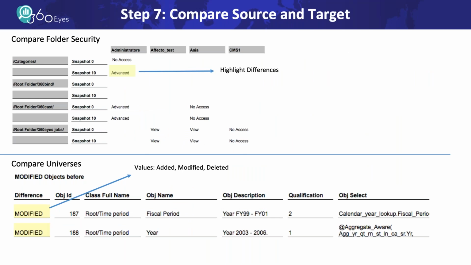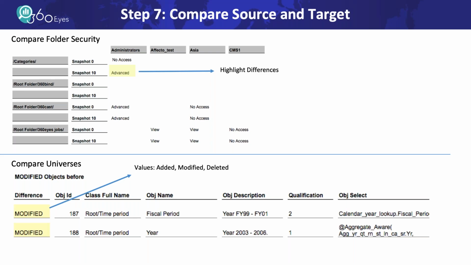Right. So comparing source and target, always a very big piece of making sure that everything's moved and that we're ready to go from a turning the switch on in prod. So 360Eyes again comes to save the day, and it helps highlight source and target differences and to follow the evolution.